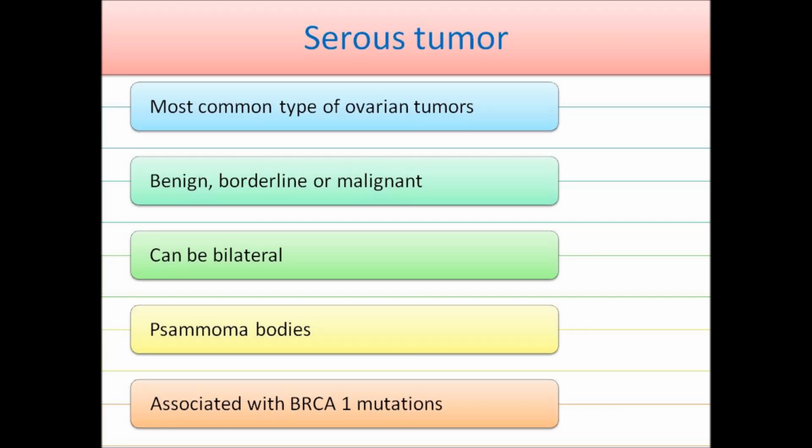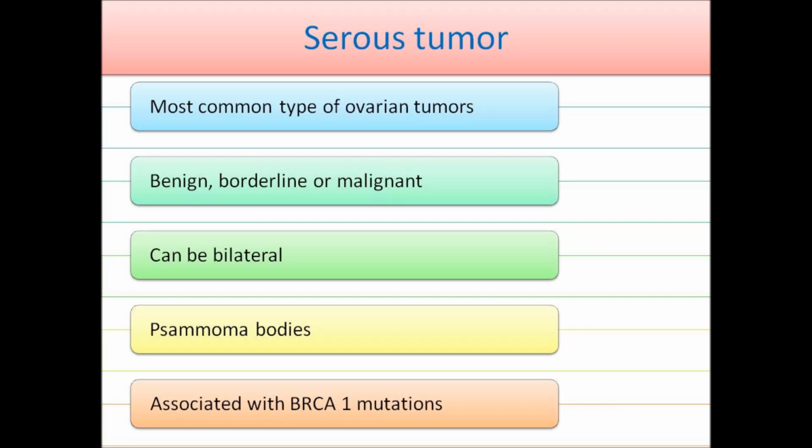Okay, let's start with the serous tumor. Serous tumors are the most common type of ovarian tumors, whether malignant or benign. Ovarian tumors in general are also classified into three different degrees of malignancy, or of the way they behave.